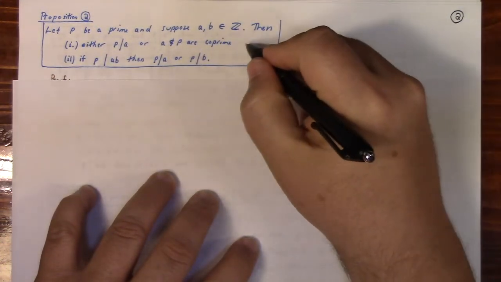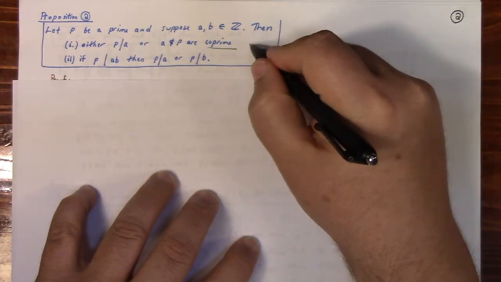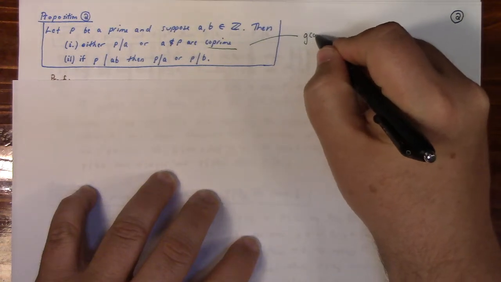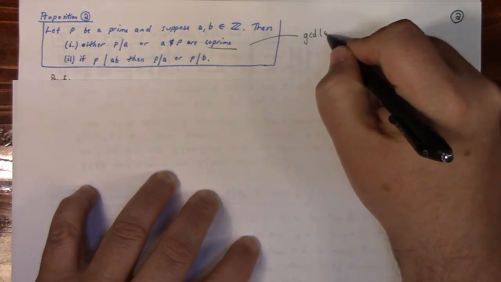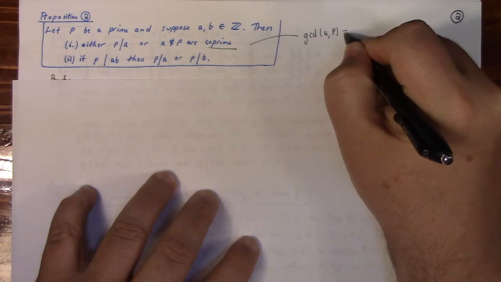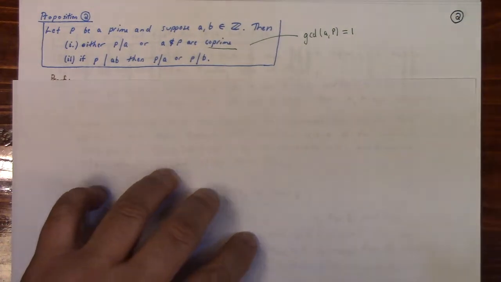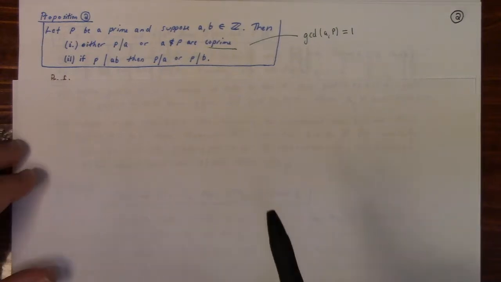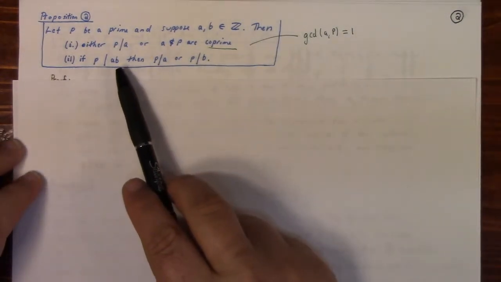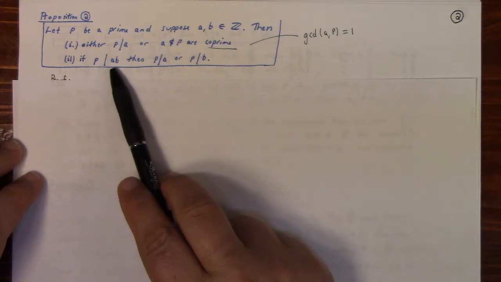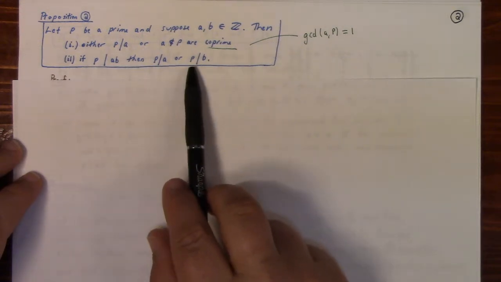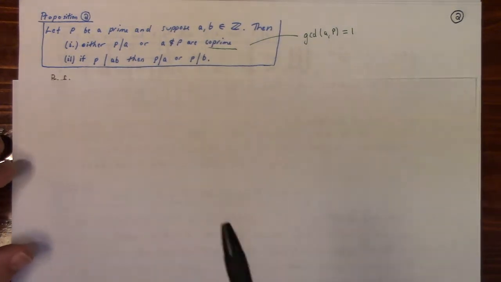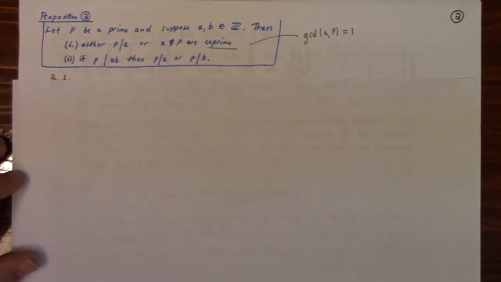This means the GCD of A and P is 1, right? That's what we meant by coprime. Some people would also call it relatively prime. So that's point number 1. Point number 2, if P divides AB, then P divides A or P divides B. All right? Could be that it divides both, right?